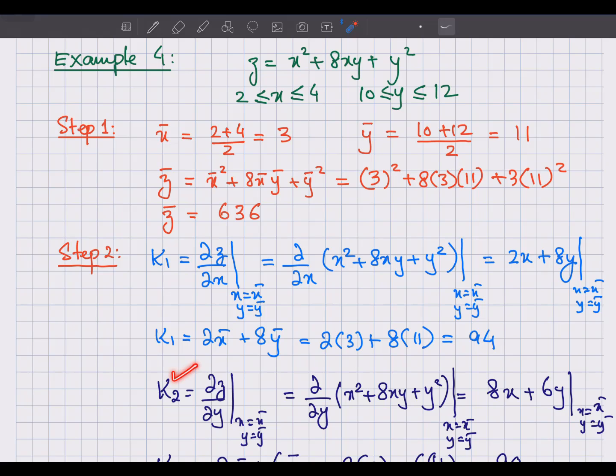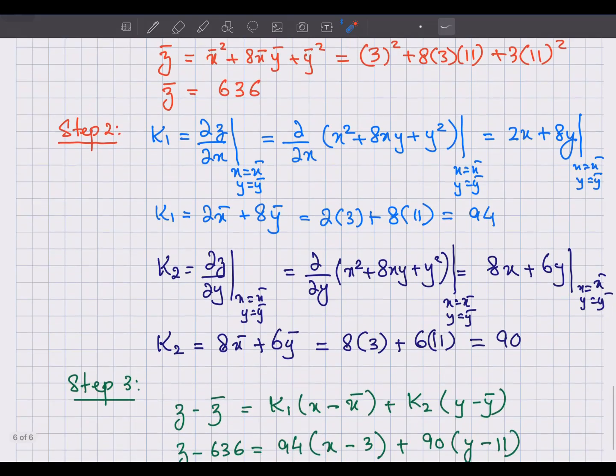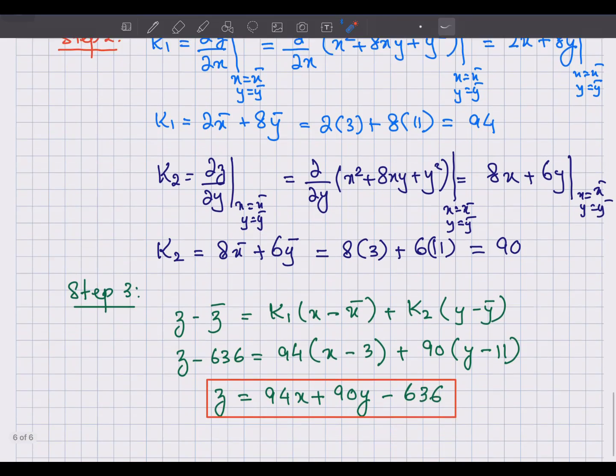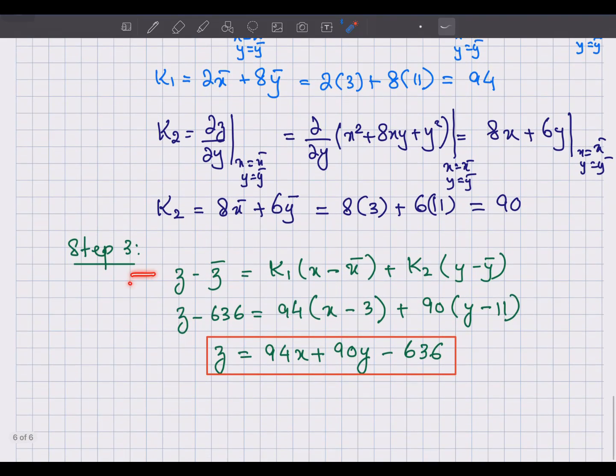Then we calculate k2, the derivative of the function with respect to the second variable y at the given operating points. Then we use the Taylor series expansion to represent this nonlinear equation in terms of a linear equation. Plugging in the values, you will get the linear version of this nonlinear equation.